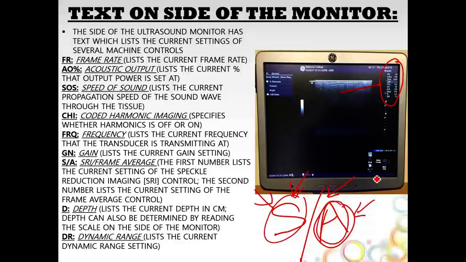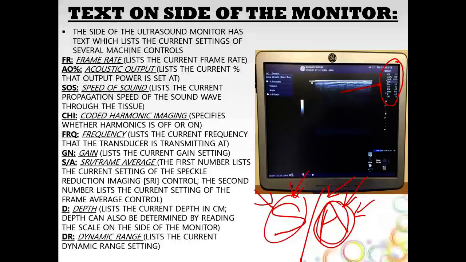And when we adjust the frame average control, this number on this side of the slash is going to change. So they often lump together controls that have a similar effect on the image because it's an easier way to control one thing all at once.